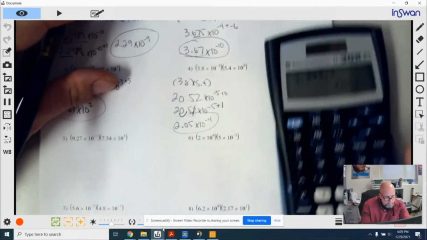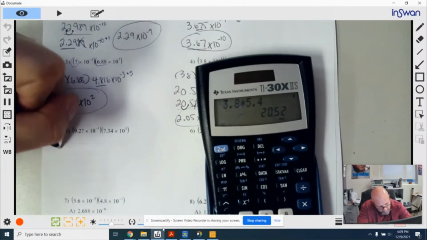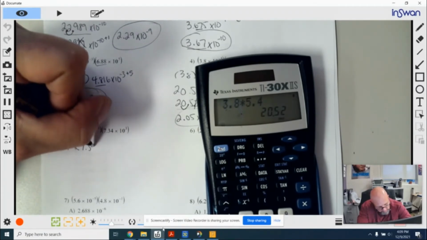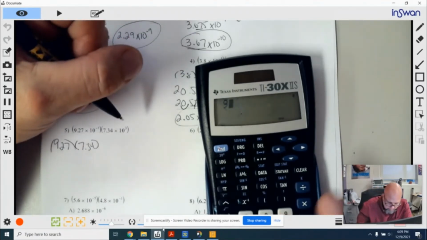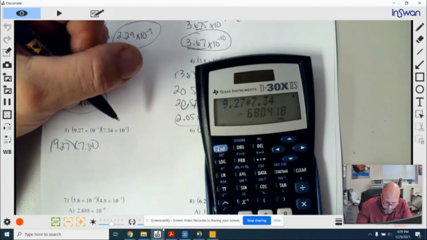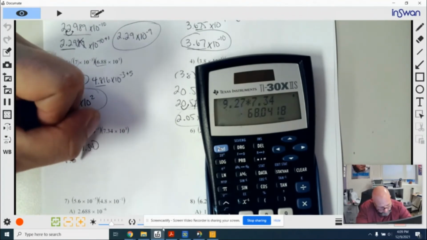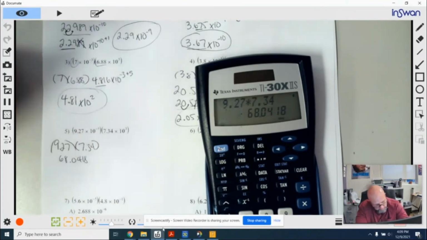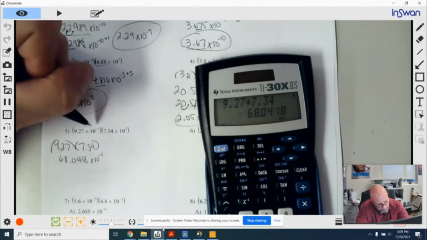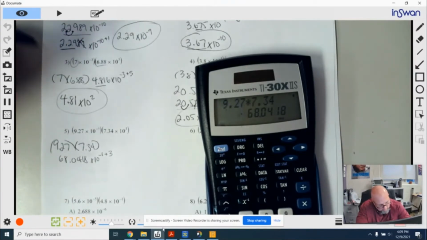Okay, looks like we got 2 more to do together. So number 5, we have 9.27. We'll take that times 7.34. Okay, so I get 68.0418 times 10, and then I have the negative 1 for this exponent, add it to the back one of a 3.